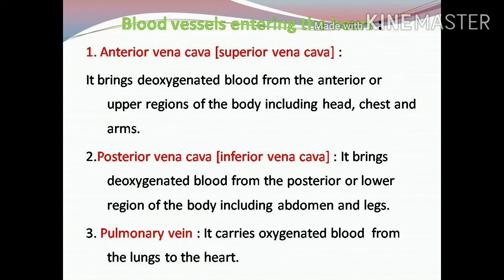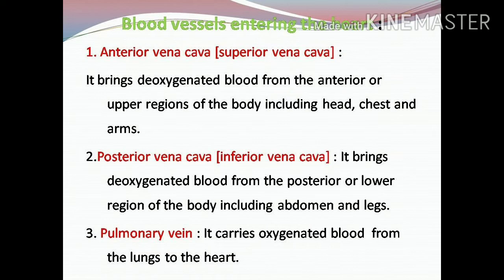Next, blood vessels entering and leaving the heart. First we can focus on blood vessels entering the heart. The right atrium receives two large vessels, that is the anterior vena cava and the posterior vena cava. The first, anterior vena cava, is also called the superior vena cava or precaval.